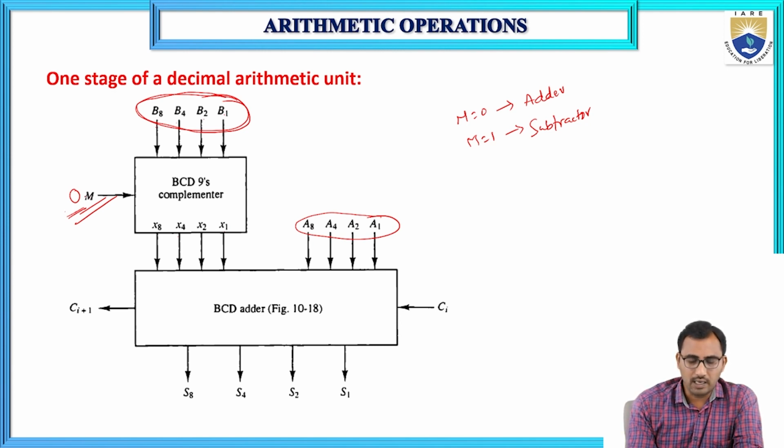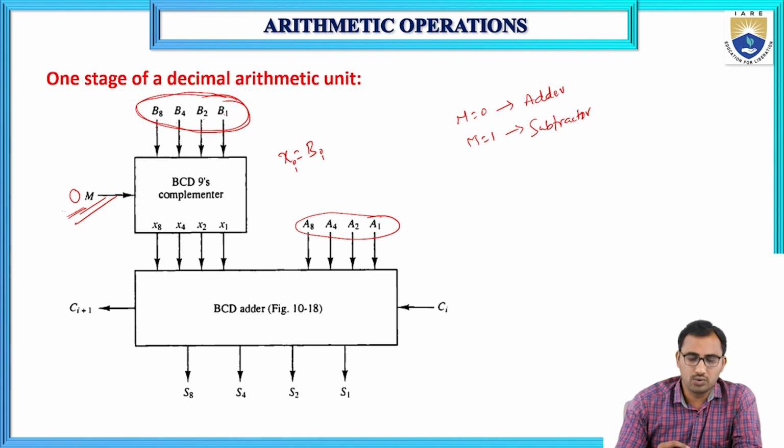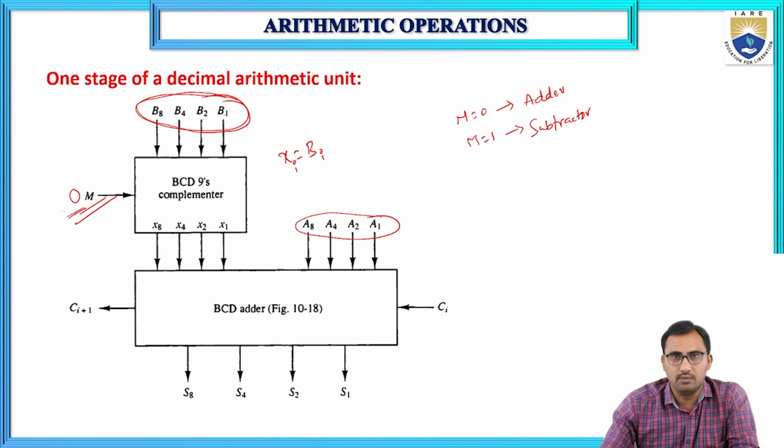So when m is equal to 0, xi is equal to bi, where i is equal to 1, 2, 4, 8. That means we are not performing any complement, simply passing the input to the output.